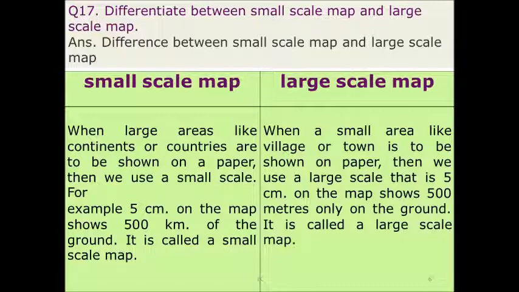It is called a small scale map. In a large scale map, when small areas like village or town is to be shown on a paper, then we use large scale, that is 5 centimeter on the map shows 500 meters only on the ground. It is called a large scale map.